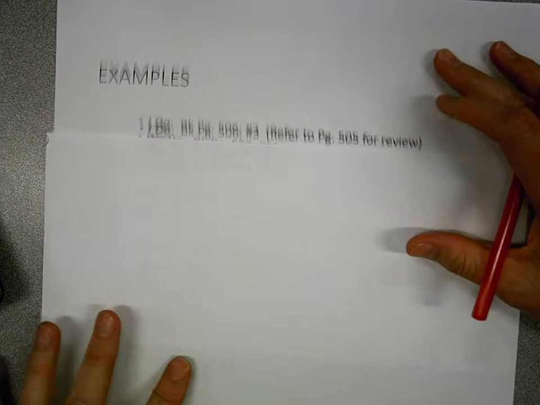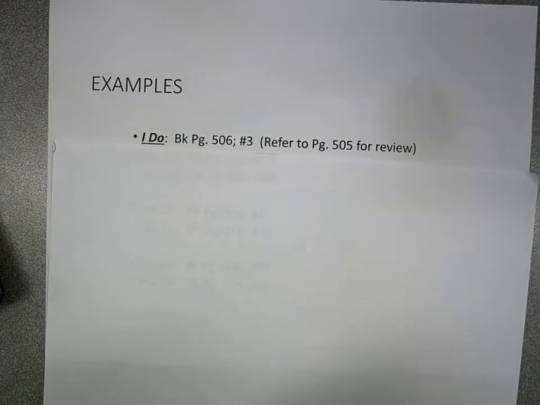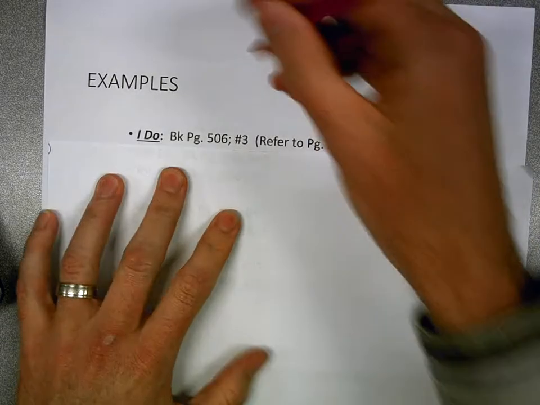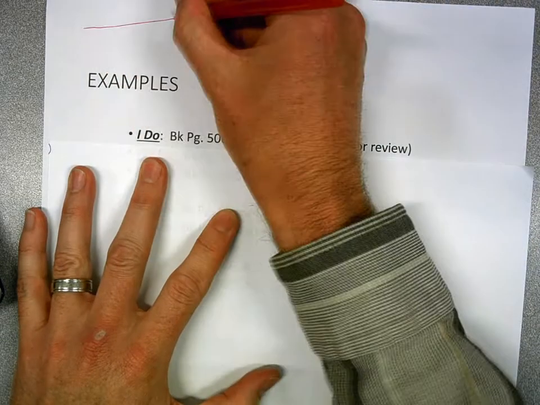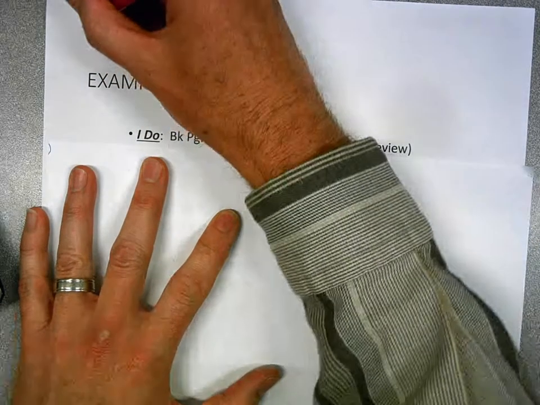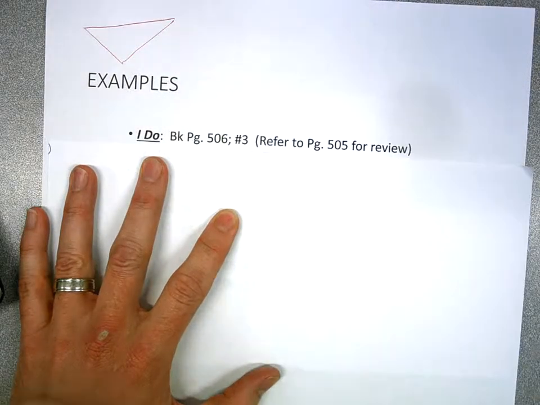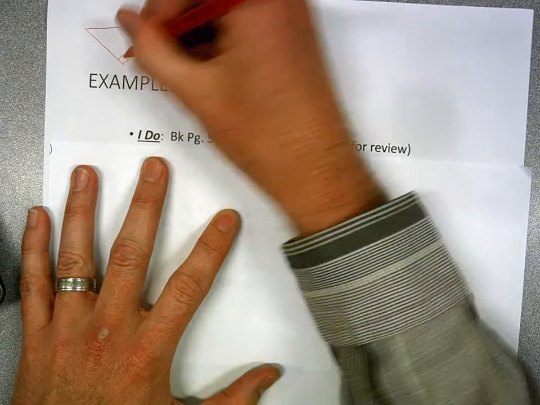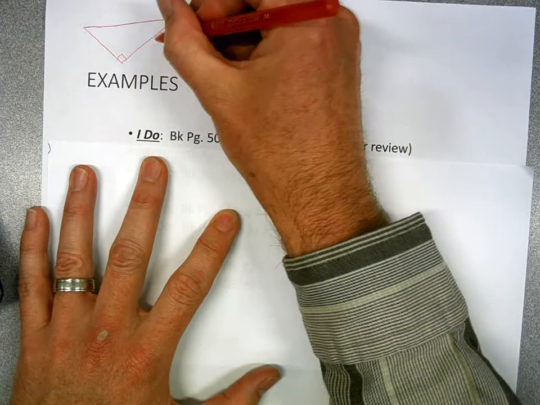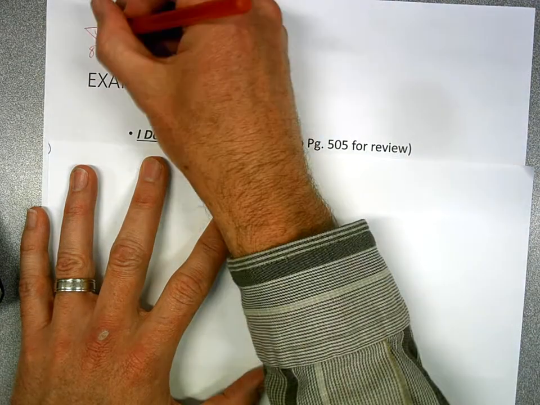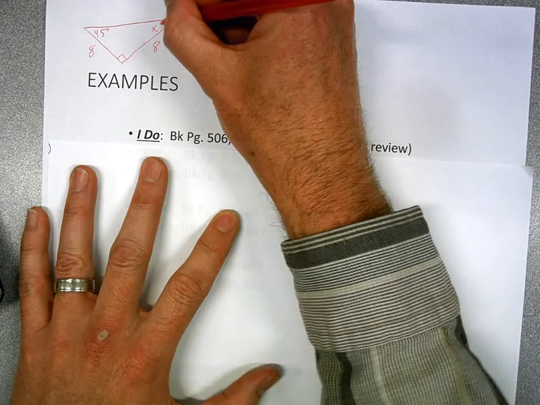Okay. So if I take a look on page 506, problem number 3, we have something that looks like this. It's not going to be exact. You have a little square there, and you guys see these here.